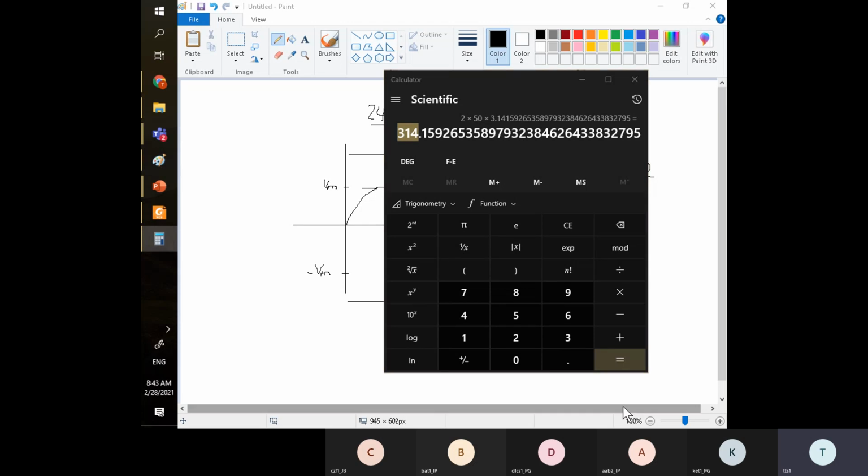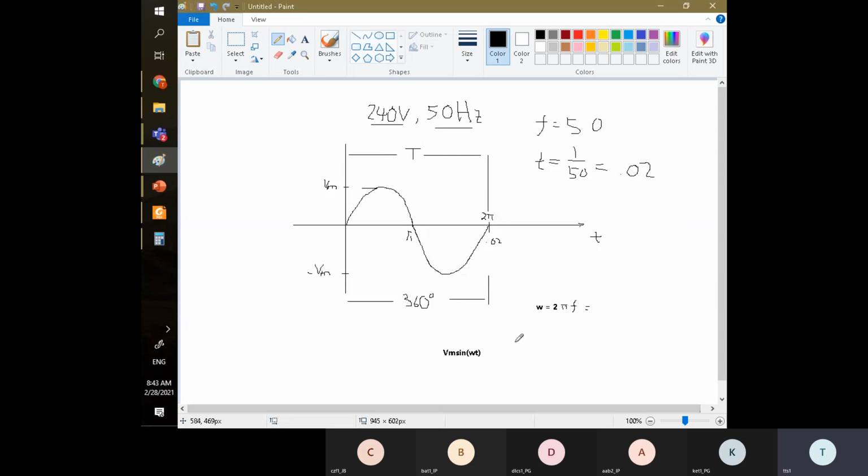So in Malaysia, you should write Vm sine 314 t. So this value can tell you the frequency component.